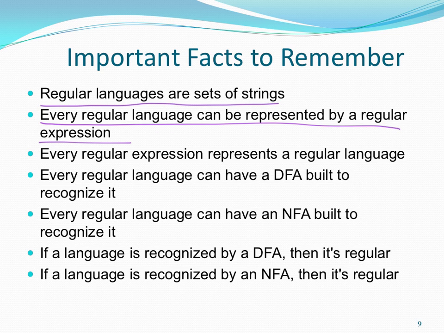If I show you an NFA, it may not be a DFA because it may have 2 out transitions for the letter B, or it may not have an out transition for some letter. But the DFA rules are much stricter. If it satisfies the DFA rules, it satisfies the NFA rules. And if a language is recognized by a DFA, it's regular. If a language is recognized by an NFA, it's regular.